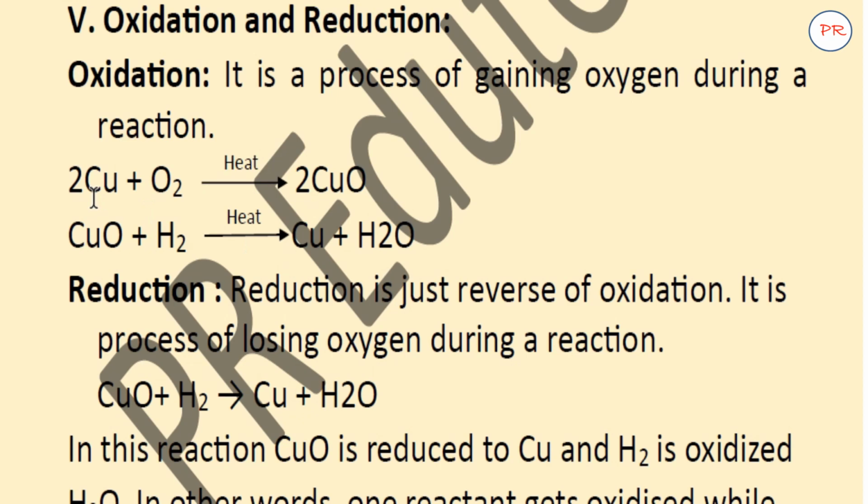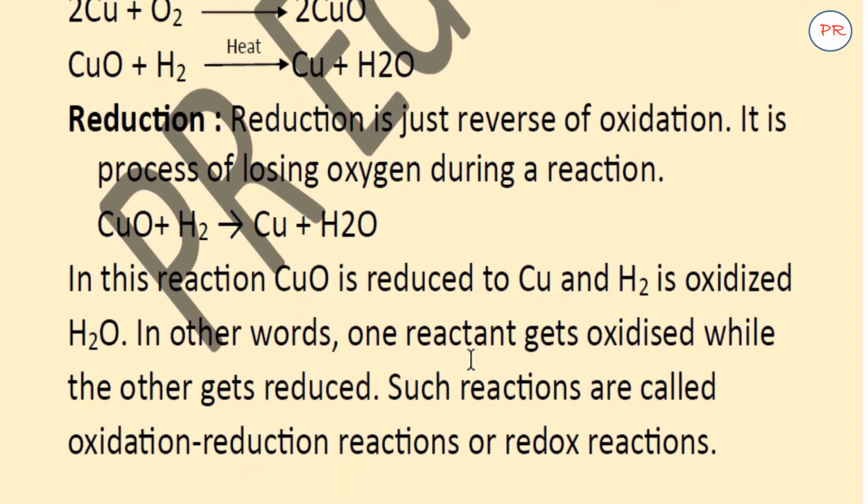तो इन दिस रिएक्शन, पहले वाला रिएक्शन में copper reacts with oxygen to give me 2CuO. This is oxidation. Whereas CuO with H2, here oxygen is removed. So this process of removal of oxygen is called reduction reaction. Please understand this very well.